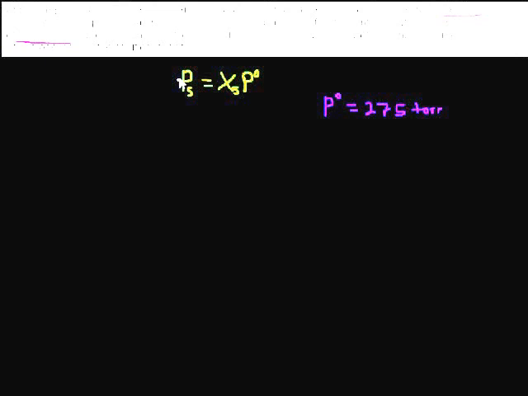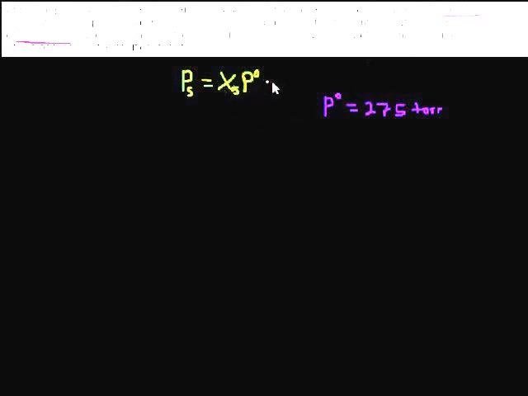Okay, so we know the mass percentage of this, but we need to figure out what the vapor pressure of water is with this in it. Well, we know what the mass percentage is. So let's just assume we have 100 grams, right?